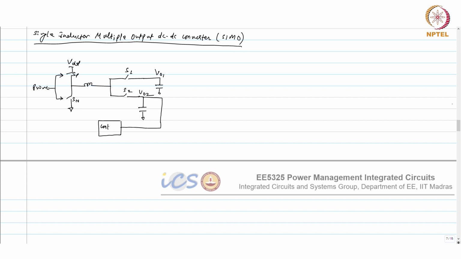So let's say this is your controller. When I say controller, it has a compensator and PWM, everything inside, so you will directly get PWM1 and PWM2.